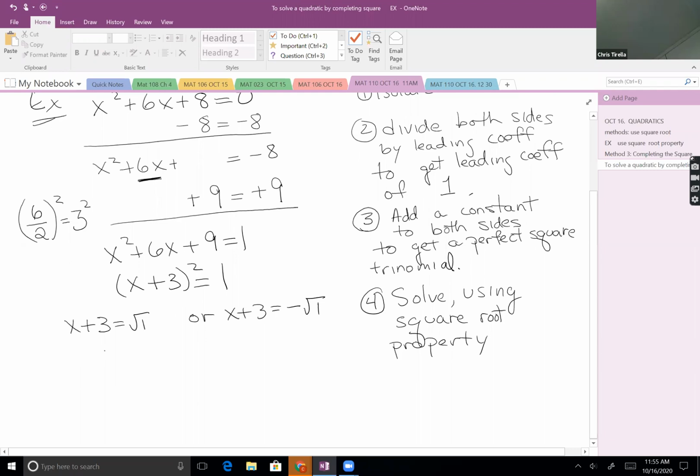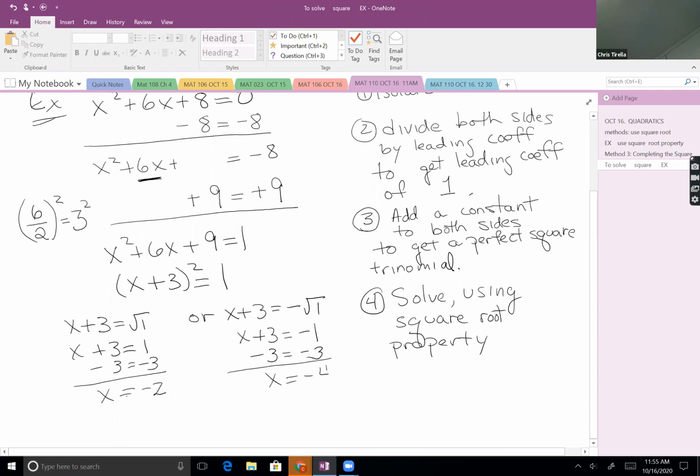Here, if x plus 3 equals 1, when I solve by subtracting 3 from both sides, I get x equals negative 2. And over here, if x plus 3 equals negative 1, when I solve again by subtracting 3 from both sides, I get x equals negative 4. And so my solutions are negative 2 and negative 4.